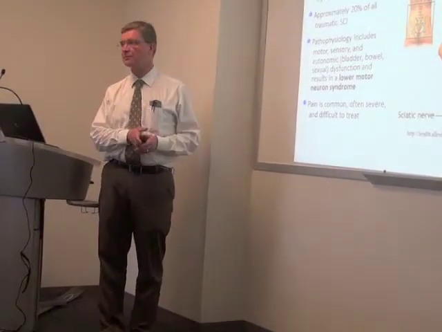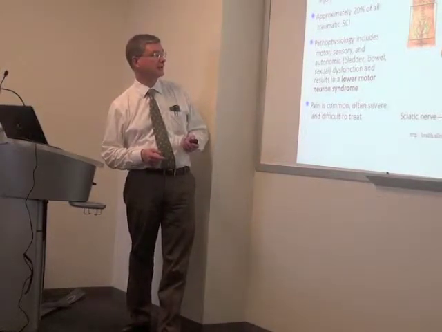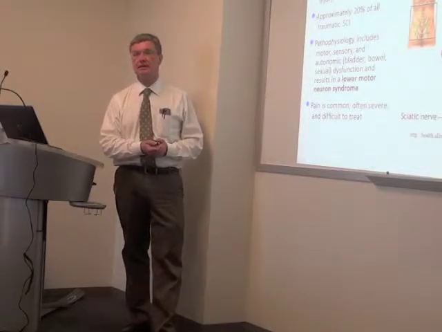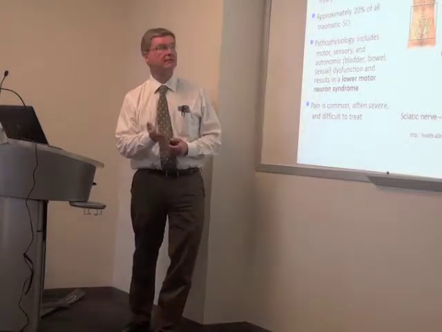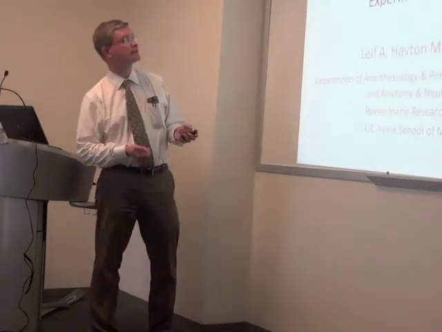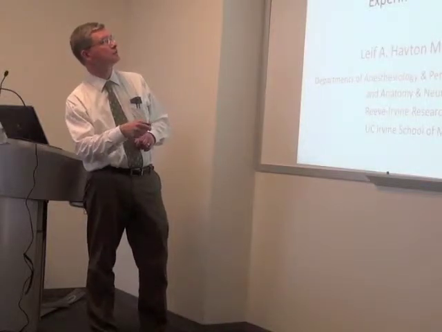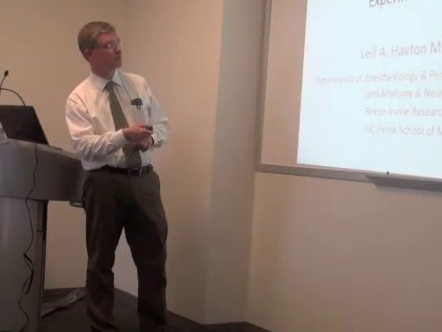So it's really an underrepresented area of research. And that's why we became interested in looking at this and wanted to develop experimental models. And you may remember from the title here that talking about experimental models of the spine and nerves and injuries and so forth.